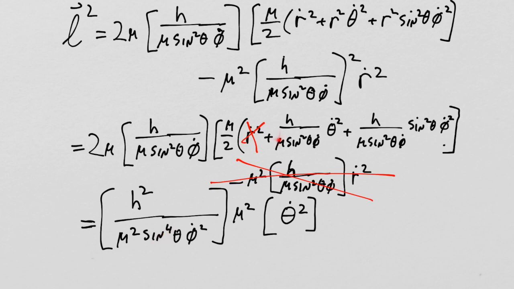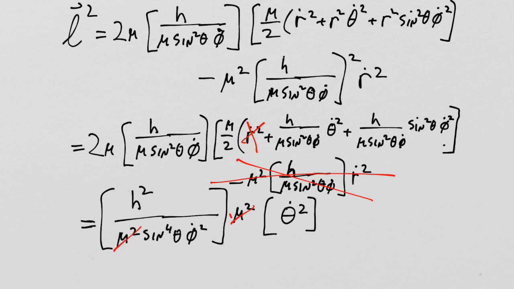Then I get mu squared. This mu here and this mu here give me this mu squared. And then that phi dot and that phi dot give me phi dot squared. This mu and this mu give me mu squared. And then there's theta dot squared. So that's all good with the obvious problem, and that should cancel.